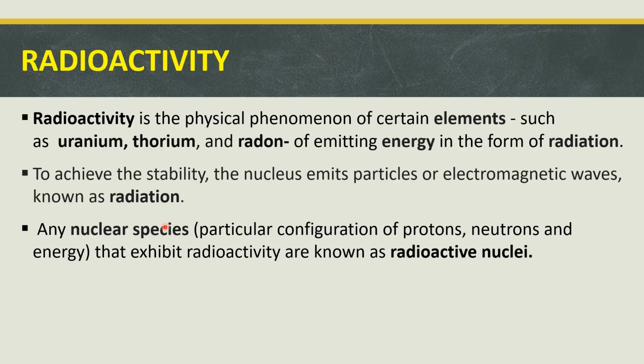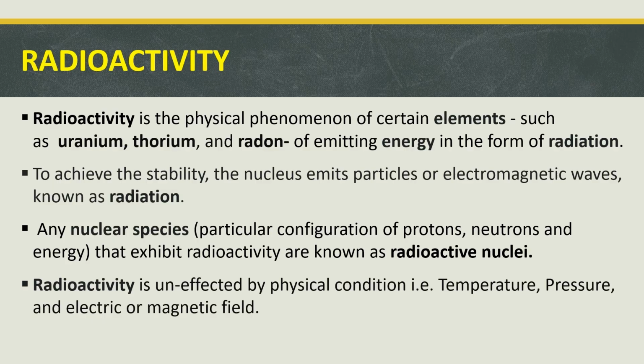Any nuclear species, a particular configuration of protons, neutrons and energy, that exhibits radioactivity is known as a radioactive nucleus. Radioactivity is unaffected by physical conditions, that is temperature, pressure, and electric or magnetic fields.